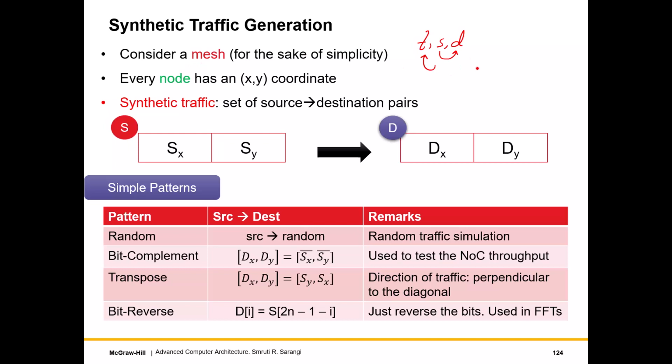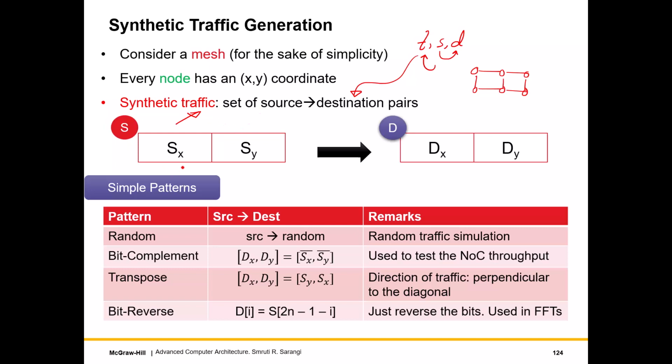Another idea would be that we create a mesh, or any kind of mesh-like network, and then we generate synthetic traffic, which is basically the same information, but this follows a certain distribution. In the sense, you have a set of source-to-destination pairs which send messages at certain times.